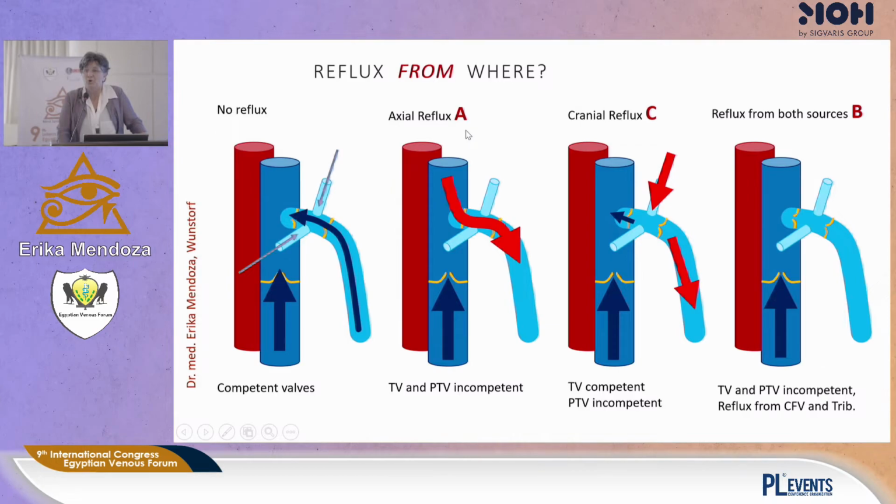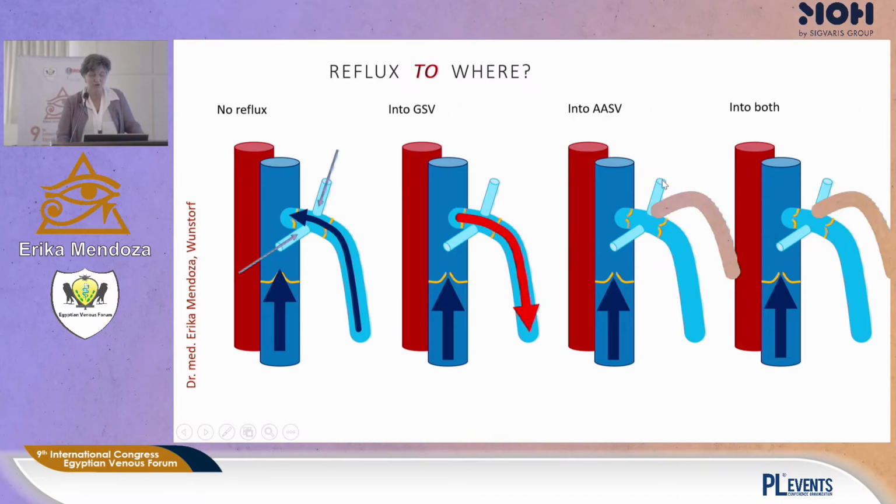So on the first point, we have to find out and document where the reflux comes from. Axial, from the deep vein, cranial, or both, because we often have also this situation. And the German group investigated this, also with the combination to where the reflux comes, into the great saphenous vein, into the anterior accessory, or into both.